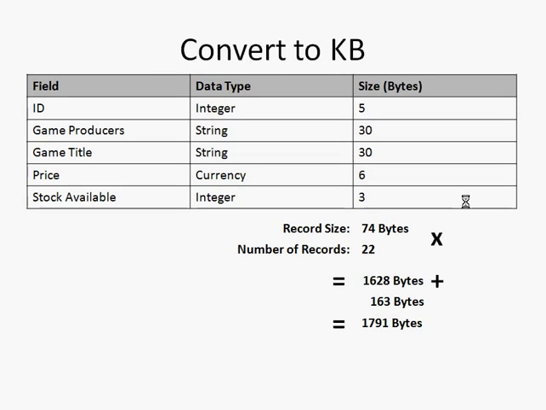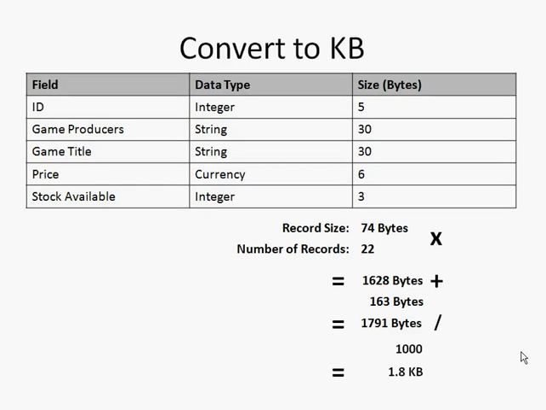If we want to convert that to kilobytes, we just divide by 1000, as we said before, and we get roughly about 1.8 kilobytes as the size of that particular file. So we've estimated that the games products text file with 22 records in might be about 1.8 kilobytes in size.